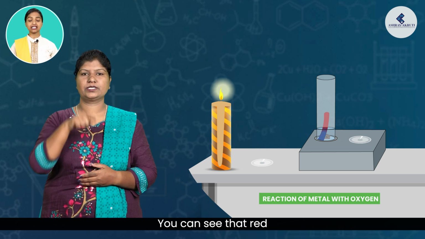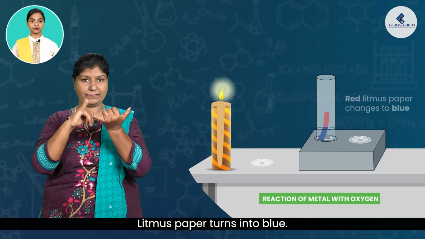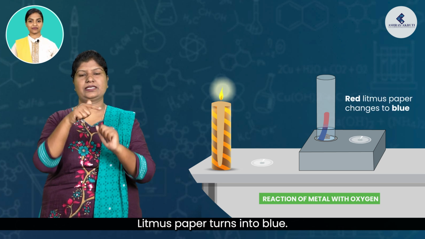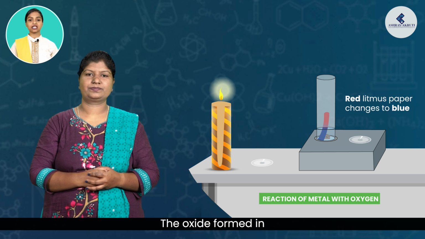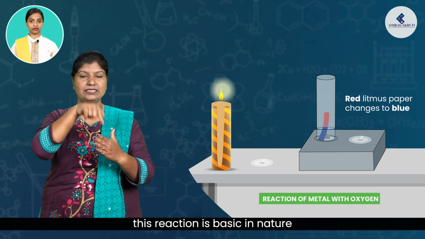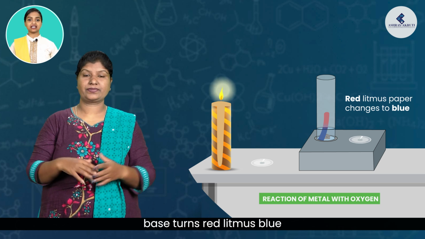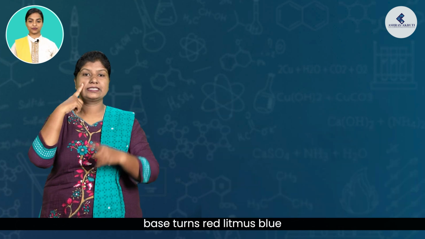You can see that red litmus paper turns into blue. The oxide formed in this reaction is basic in nature because base turns red litmus blue.